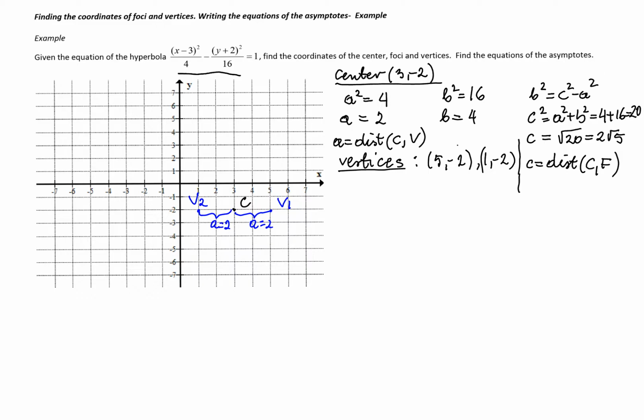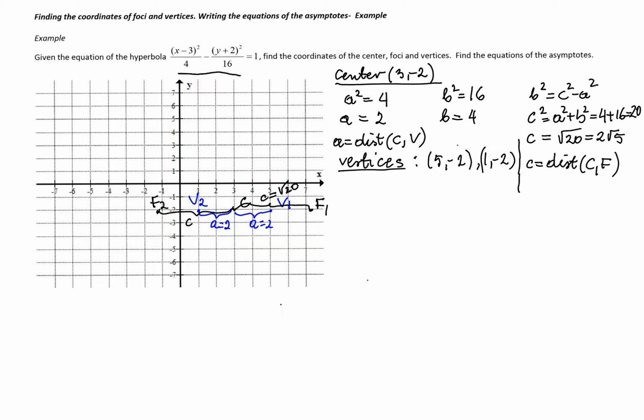We'll move square root of 20 units to the right. This will be c equals square root of 20, to get the focus f sub 1, and we go by the same amount in the other direction to get the focus f sub 2.